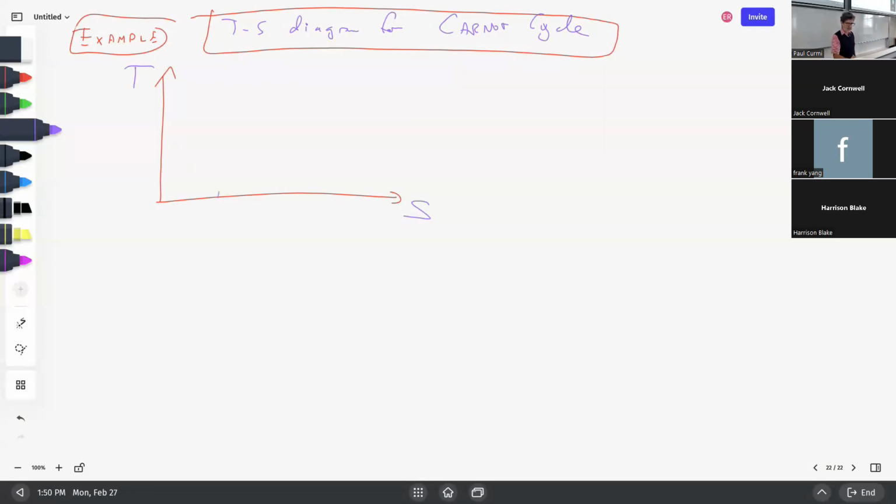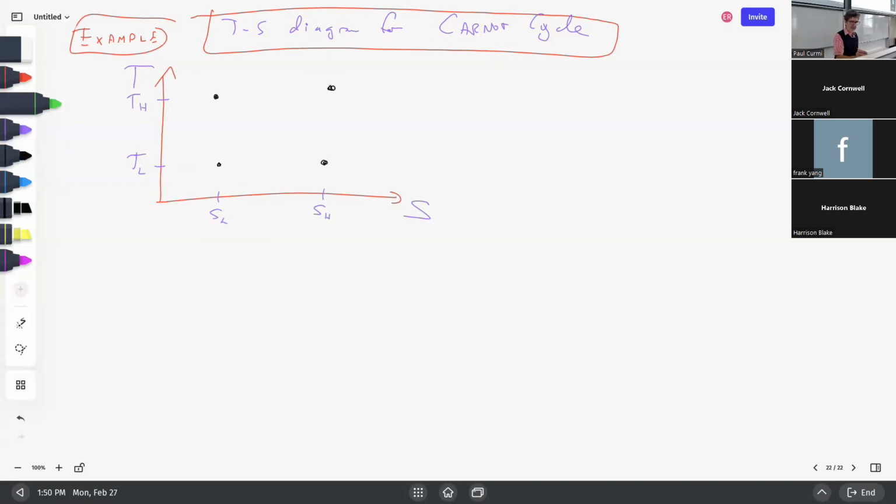So Carnot works from low entropy to high entropy, from low temperature to high temperature. It's only got two temperatures, two isotherms, two isentropic curves, i.e. reversible adiabats. So I've got this point, this point, this point, and that point.